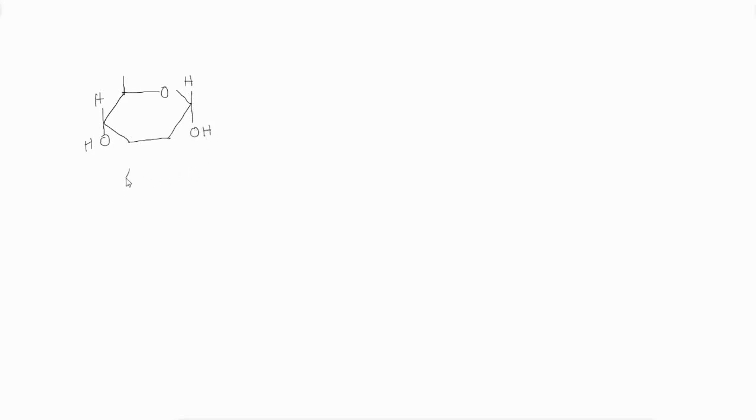And you can see here we've got alpha glucose. If I then draw a second alpha glucose, you can see that there are two groups which are together and they can form bonds.